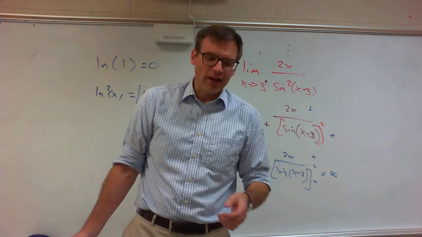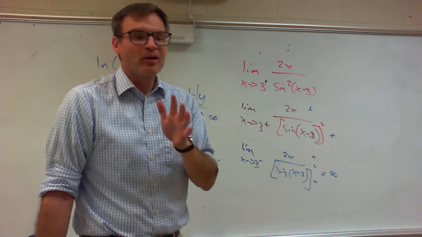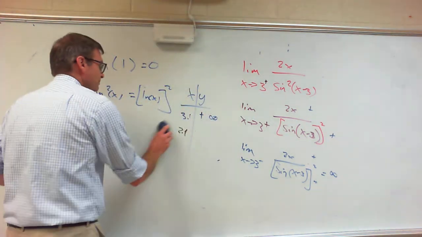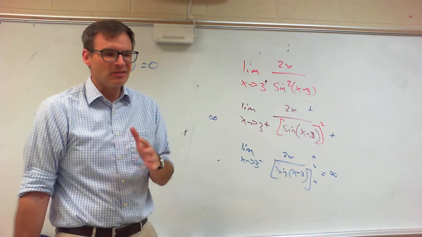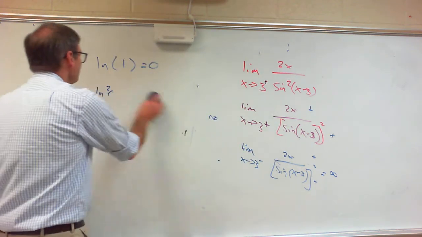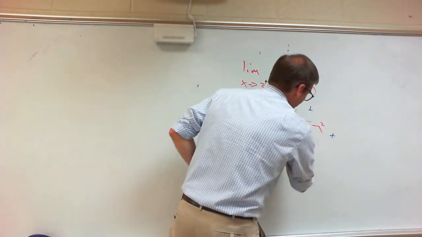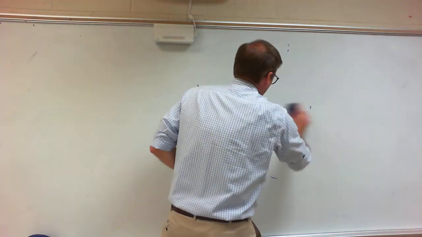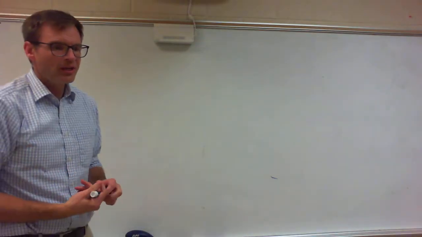All right, so those are vertical asymptotes. I do need to talk about horizontal asymptotes. I like my version of horizontal asymptotes because the official version I'm not a huge fan of. So, horizontal asymptotes.